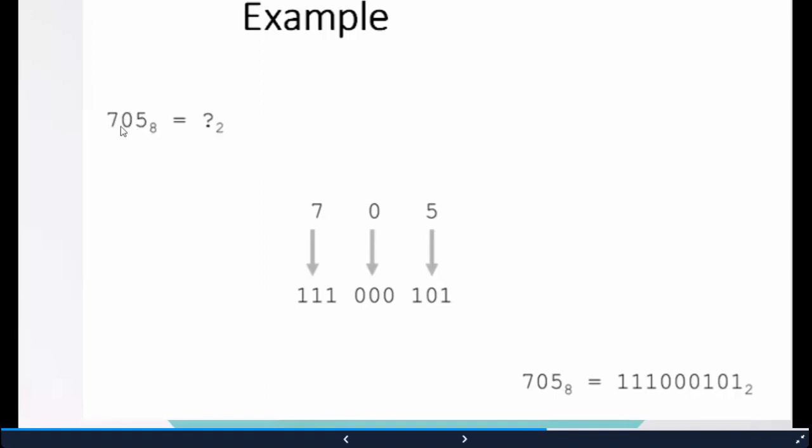So that means you have to convert this 7 to binary. So 705 in base 8. How do you get the binary of the 7, and how do you get the binary of the 0? How do you get the binary of the 5?